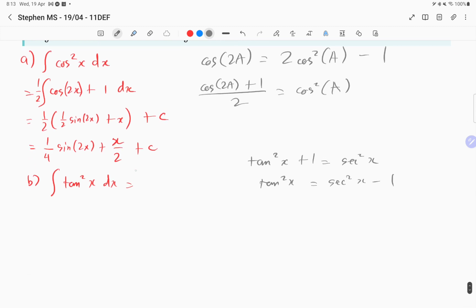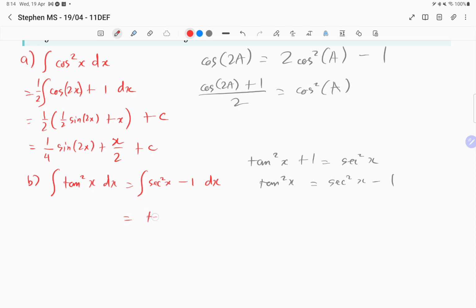Yeah, okay. 1 over cos squared, yeah. So that would be the antiderivative of sec squared x minus 1 dx. And there was an antiderivative rule that said the antiderivative of sec squared is tan.